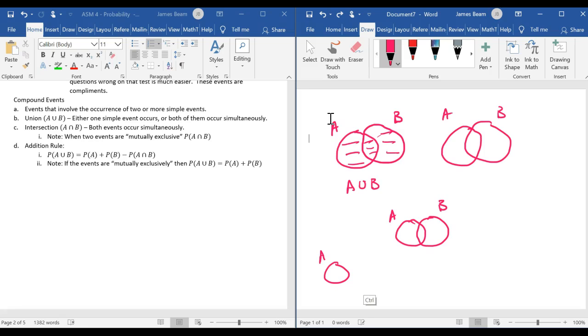Let's talk about A intersect B. That's the one I'm trying to get at. That's just here. So that's A and B. So this is or, this is and.